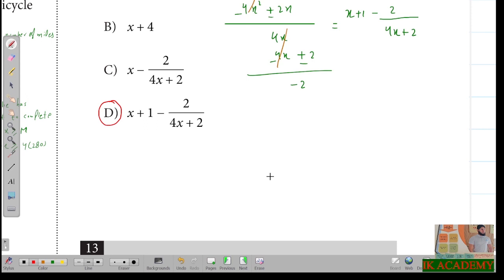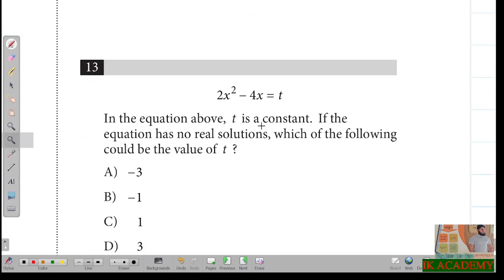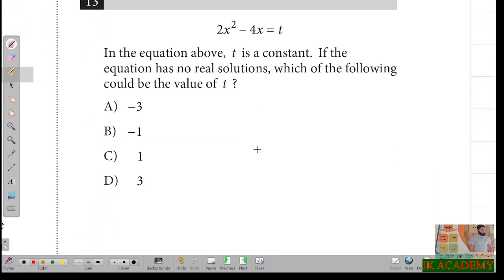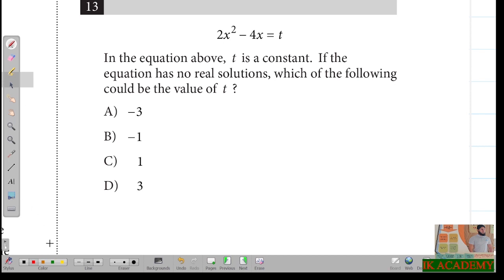Let's move to another question, which is question number 13. Question number 13 says, in the above equation we have 2x squared minus 4x is equal to t. In the equation above, t is a constant. If the equation has no real solution, which of the following could be the value of t?